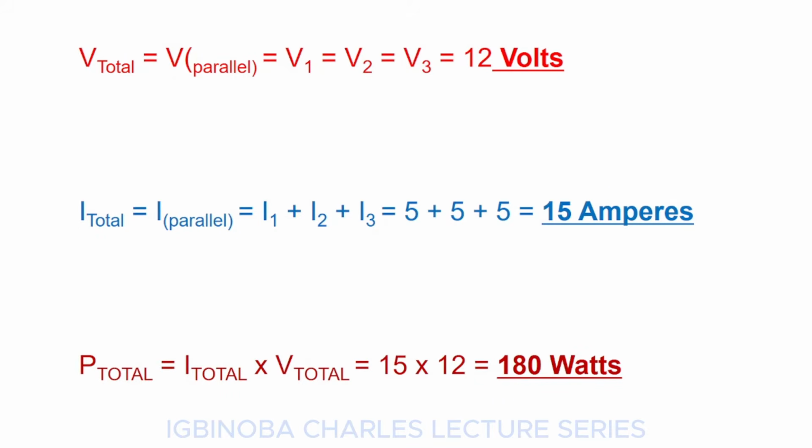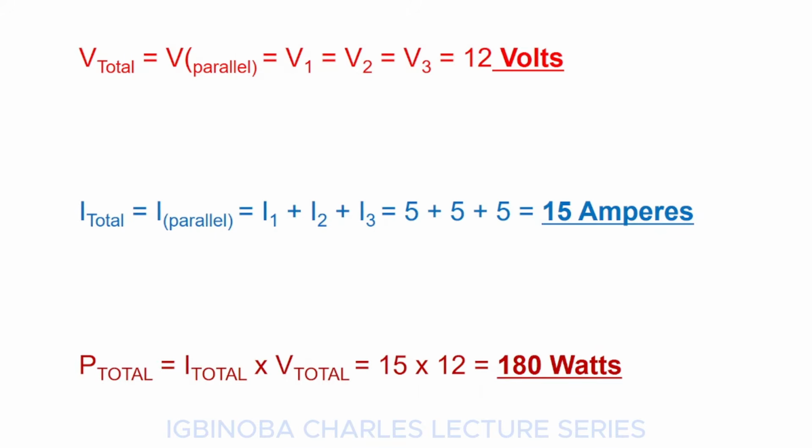So if an array consists of n solar panels with exactly the same electrical characteristics, that is, the same current and the same voltage, then the total current output is simply I times the number of panels in the system, and your total voltage output is equal to the voltage of one panel.